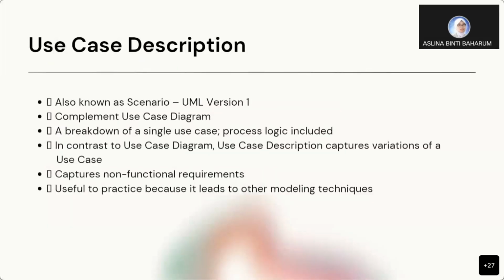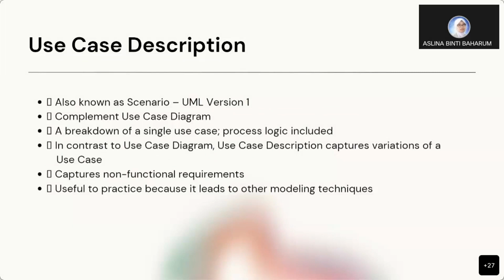Next slide. A use case description, also known as a scenario in UML version 1, complements the use case diagram. It is a breakdown of a single use case, for example, a sequence of steps included in a function. In contrast to the use case diagram, the use case description captures variations of a use case.